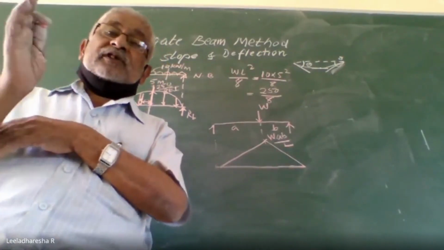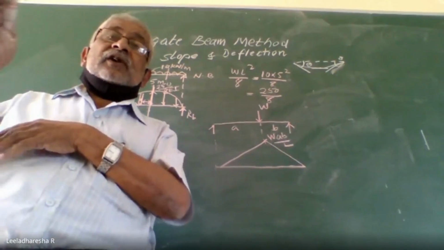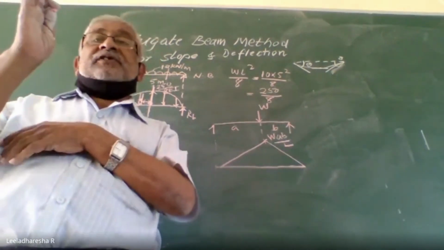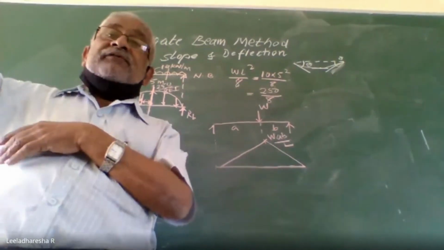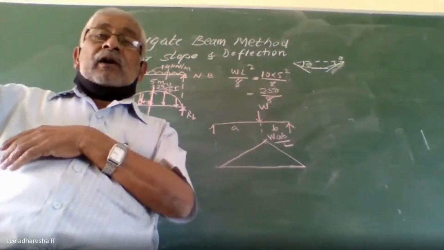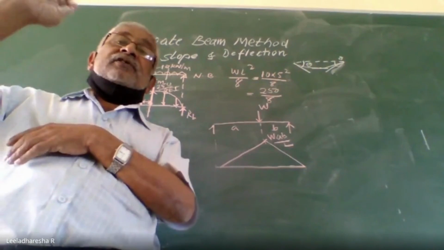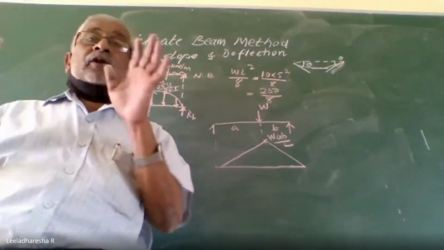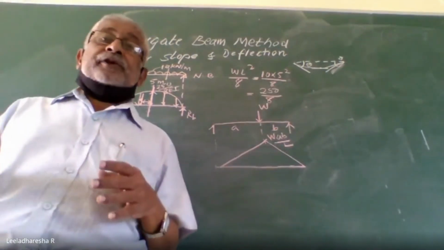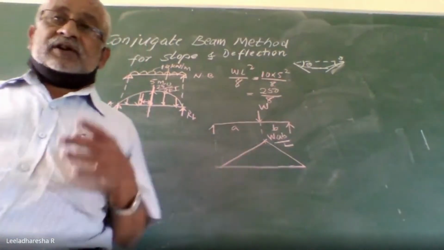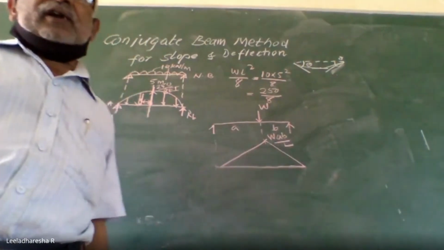This is the first thing. The second thing is that the bending moment at any section in the conjugate beam is equal to the deflection at that particular section in the normal beam. So, with these relations, definitely we can go into this particular matrix method of analysis.